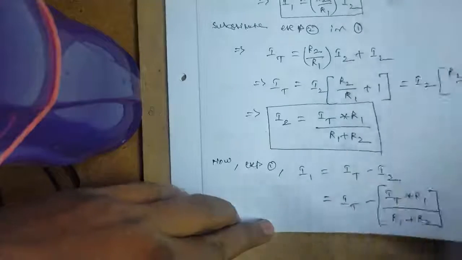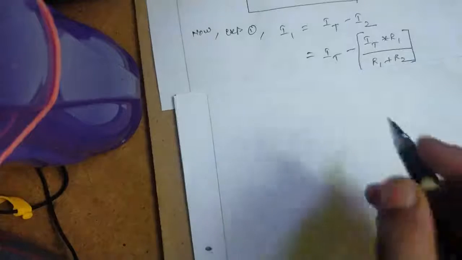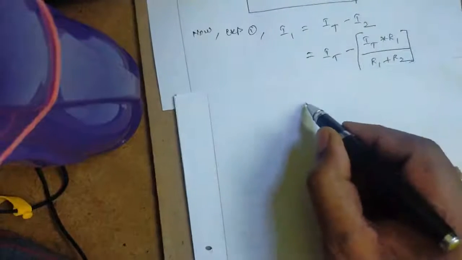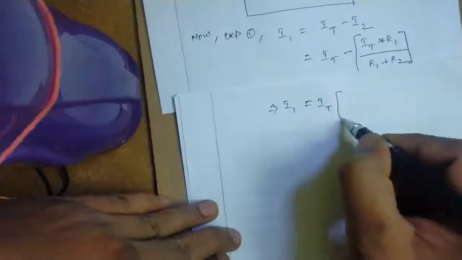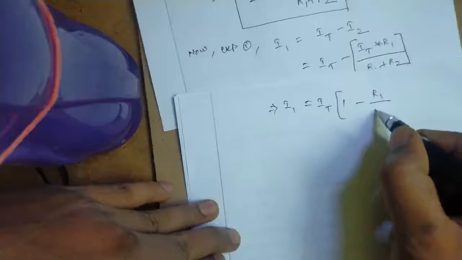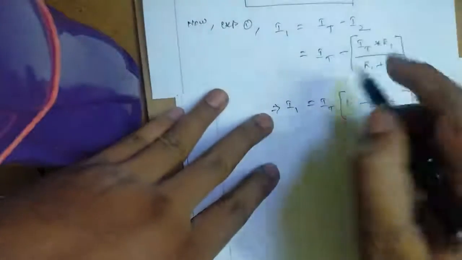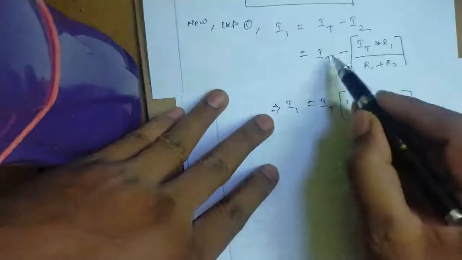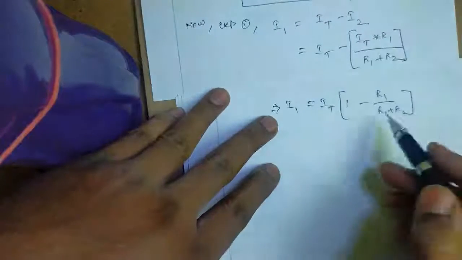Here IT, take it as common, we get I1 is equal to IT of 1 minus R1 by R1 plus R2.